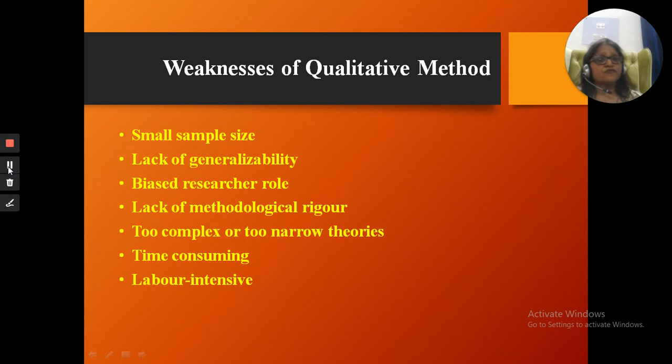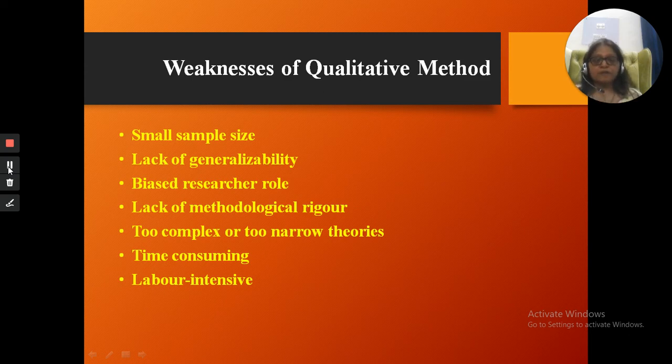There is weakness of qualitative method as well. It has a small sample size. Why small size? We cannot take 100 teachers and minutely observe every teacher in the classroom for their teaching, learning, and interaction patterns. It requires a small size, because we have to observe, interact, and note the minute details. We cannot generalize.